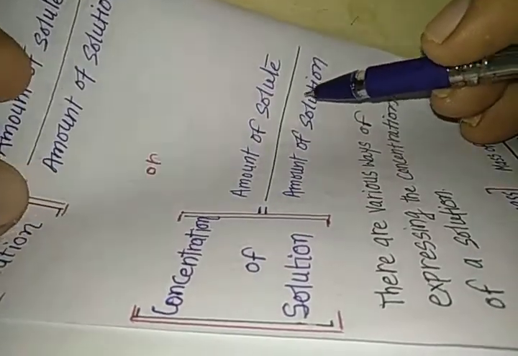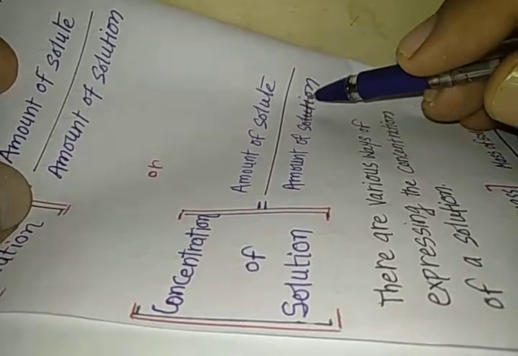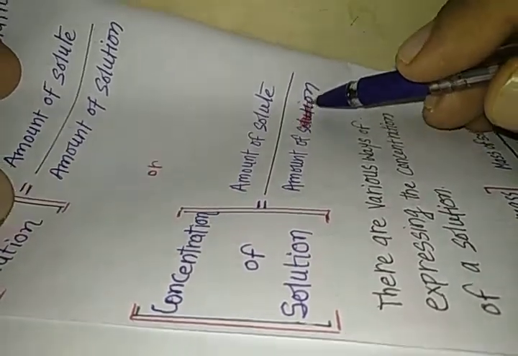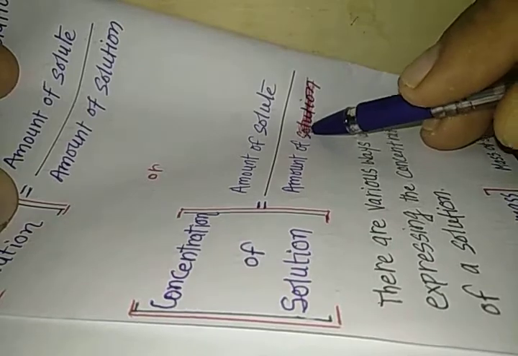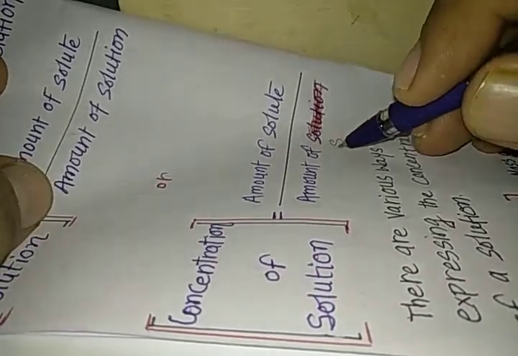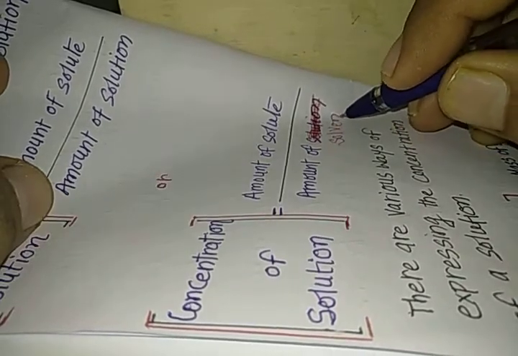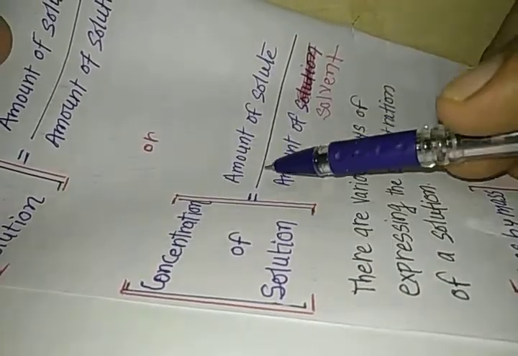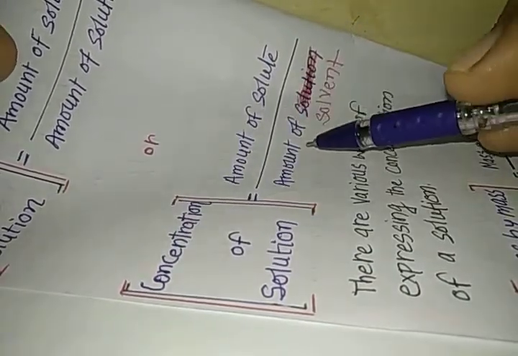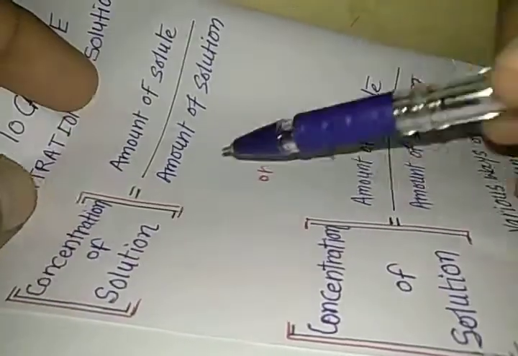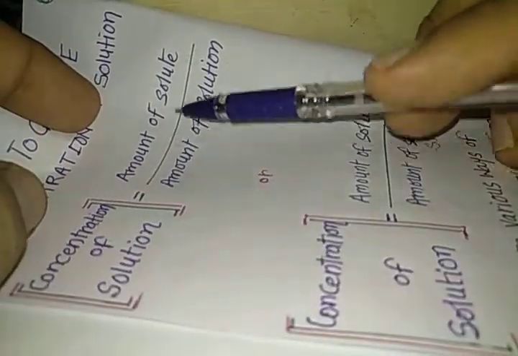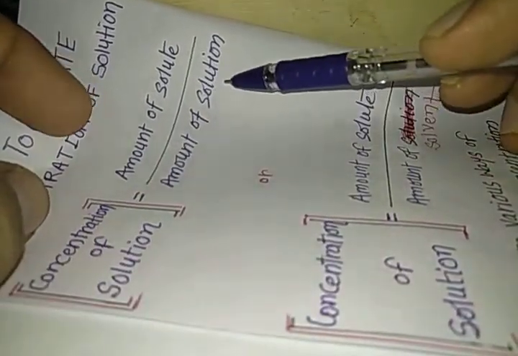Instead of solution, we should write here solvent. So the formula should be concentration of solution is equal to amount of solute divided by amount of solvent, or concentration of solution is equal to amount of solute divided by amount of solution.